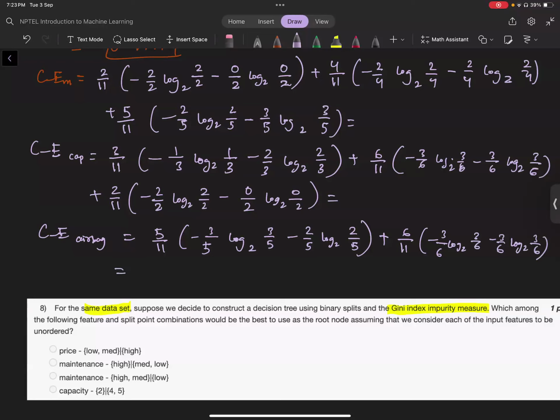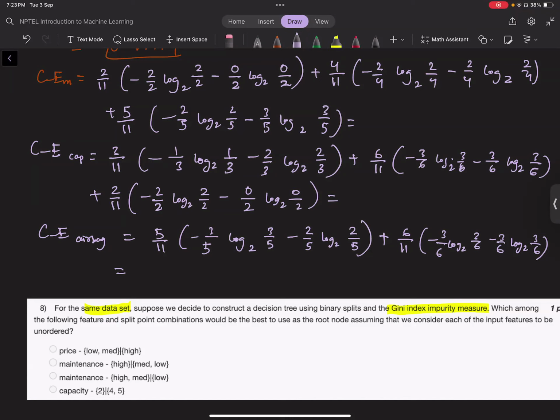If I calculate all these things, give me 2 minutes.